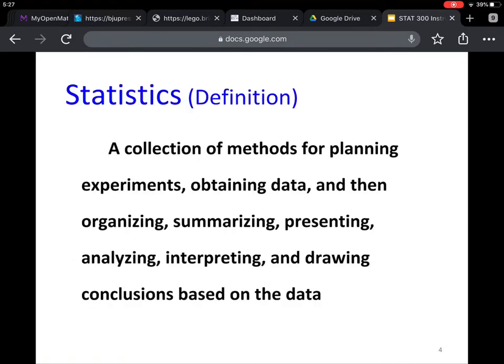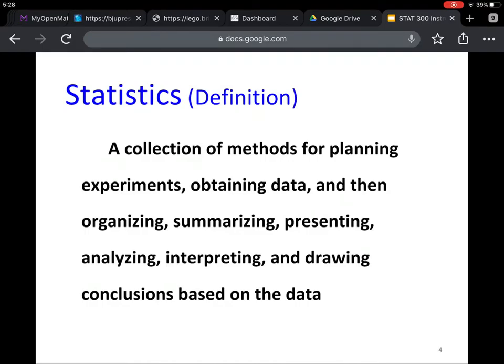What is statistics? Statistics is a collection of methods for planning experiments, obtaining data, and then organizing, summarizing, presenting, analyzing and interpreting the information and drawing conclusions based on the data. That's a huge blurb, but there are basically 3 stages to the statistical process. The first is gathering of information.